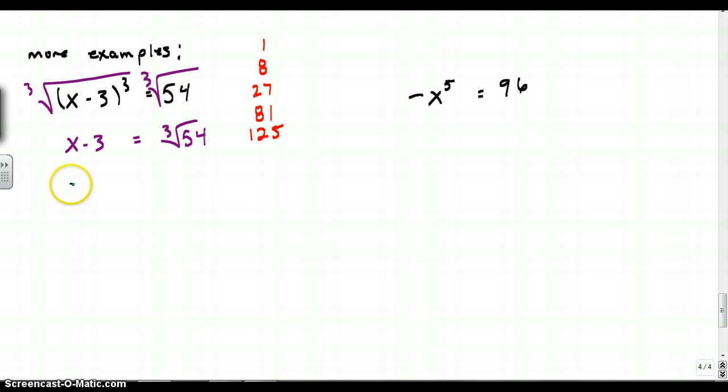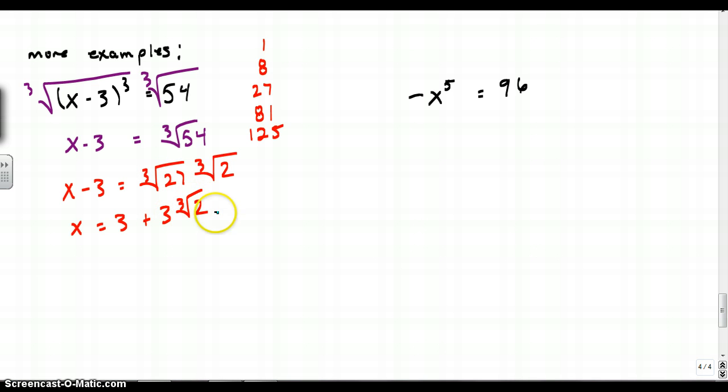Well, after a little bit of reasoning, the cube root of 27 is a factor, and I multiply 27 times 2 to give me 54. So I'm going to move this 3 over and get x equals 3 plus the cube root of 27, which is 3, times the cube root of 2.